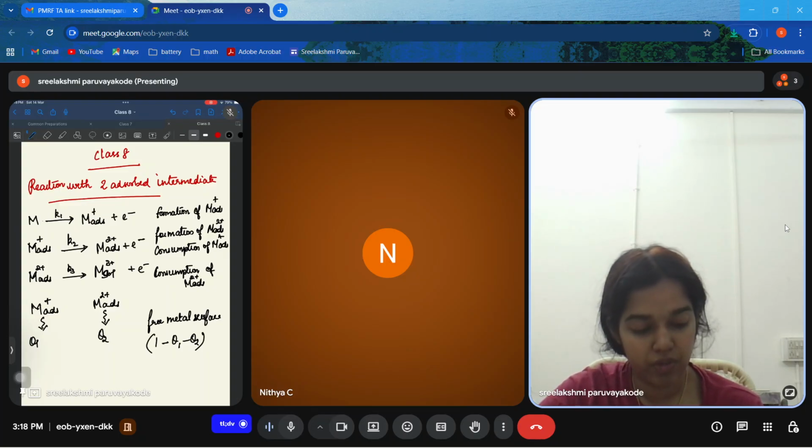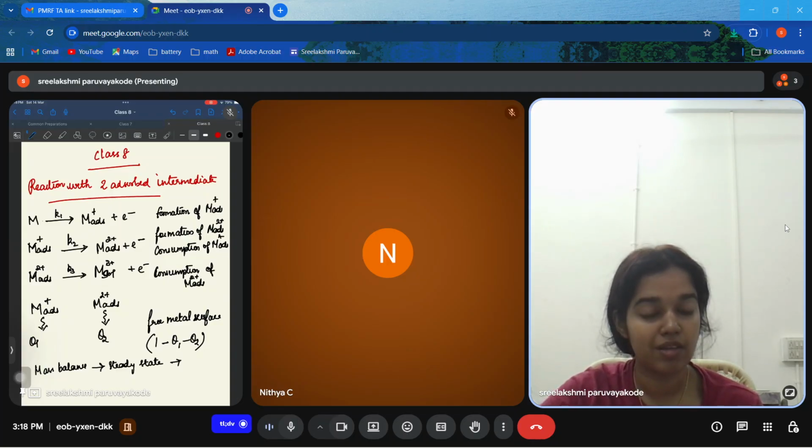Now, how do you proceed with this problem? The method remains the same. You write the mass balance, then you write the steady state mass balance where you get theta 1 SS and theta 2 SS. After that, you will write the IF formula from which you will get both IF DC and IF AC.